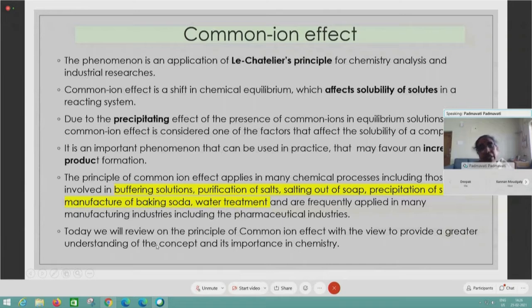Mainly, it helps to increase product formation. The general applications that we are familiar with are buffering of solutions, purifying salts, salting out of soap, that is soap preparation, precipitation of sodium chloride or any other salt, manufacturing of baking soda, washing soda and others, and water treatment. We can immediately pick up these examples, but it can be applied to many.